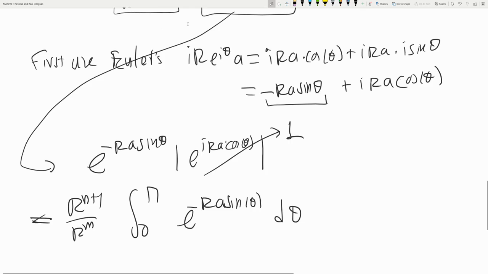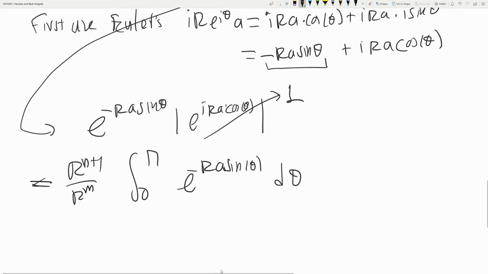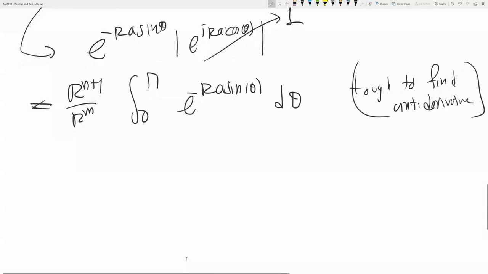Now this is hard to integrate because of the sine theta there. It's tough to find the antiderivative. So what they do is the following trick.